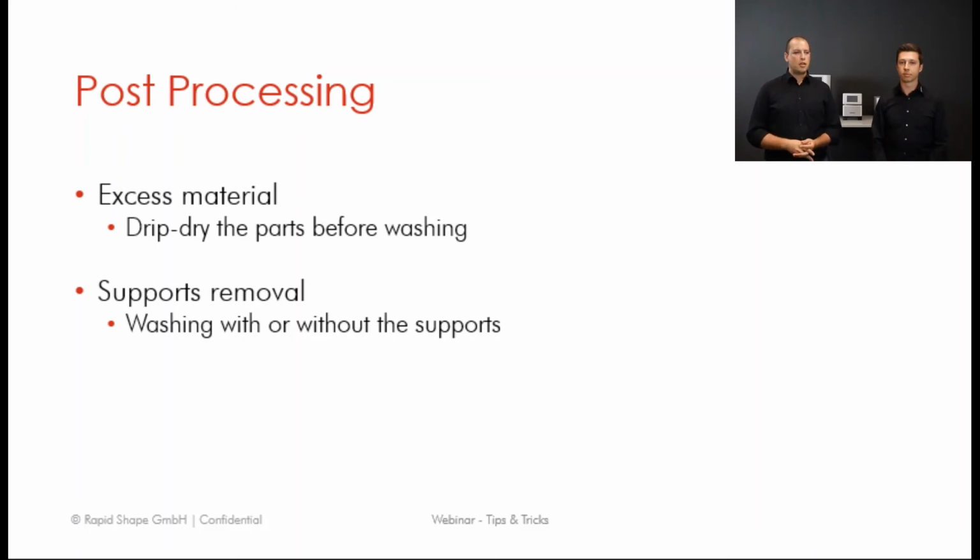For this, we would suggest that you remove these models and place them in a sieve with a funnel that drip dries them, or drains the excess material into a material container. Note that this needs to be placed in a dark area to prevent excess liquid curing. In the meantime, you can go and prepare the next job.